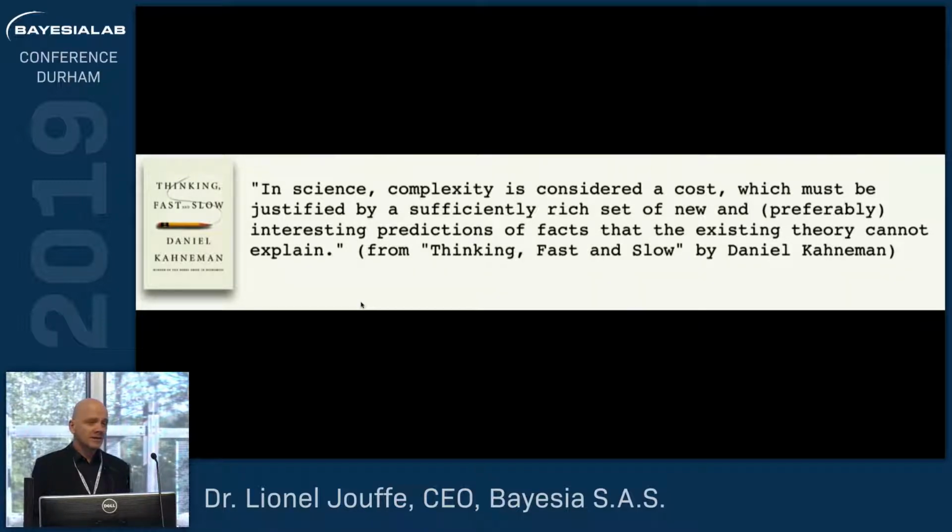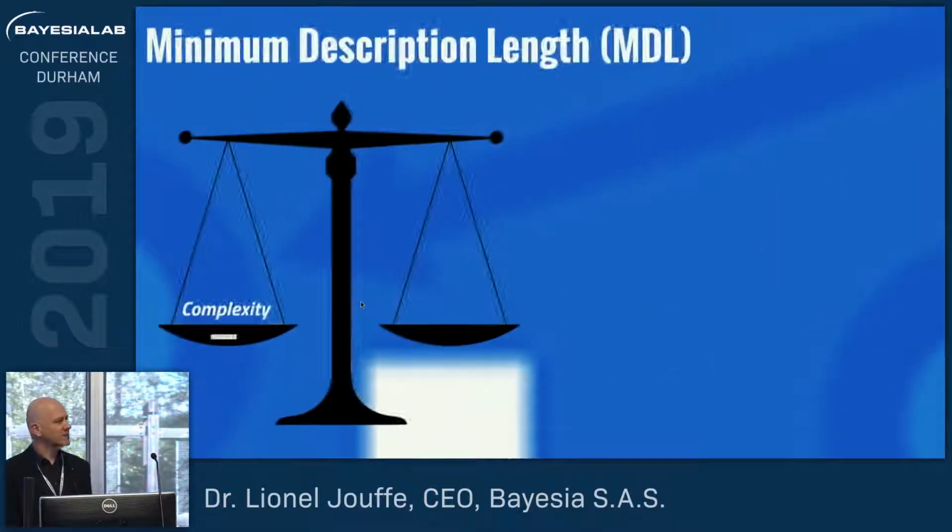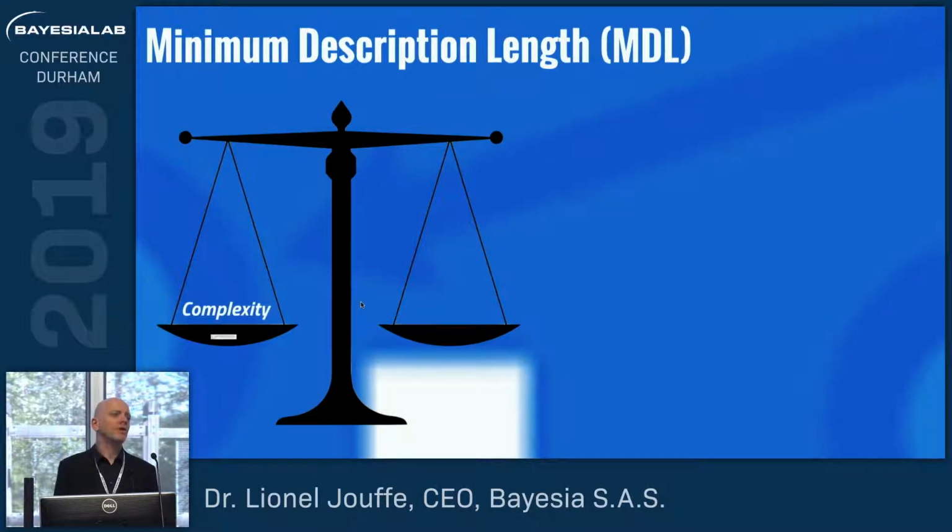Which means that even though you come up with something very, very powerful, if it's very complex, just to explain something slightly better, you are not going to be able to sell this theory, right? So this is more or less the idea of the MDL score. We are just going to increase the complexity of the network if we can explain more of the data.